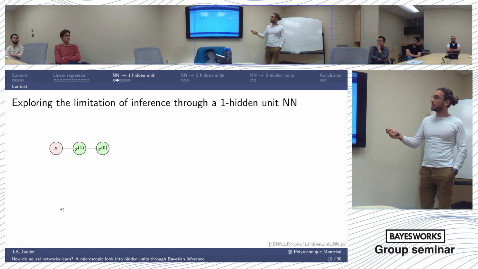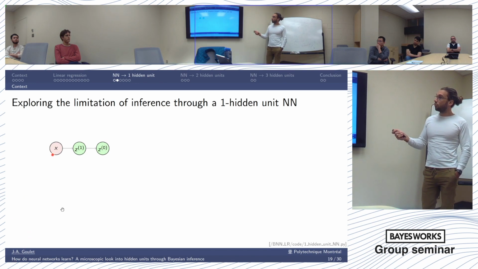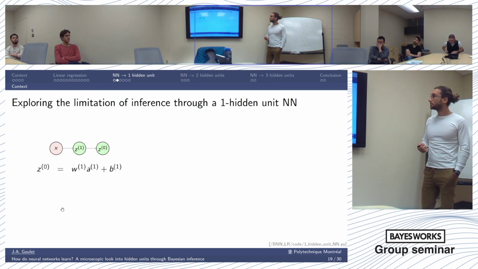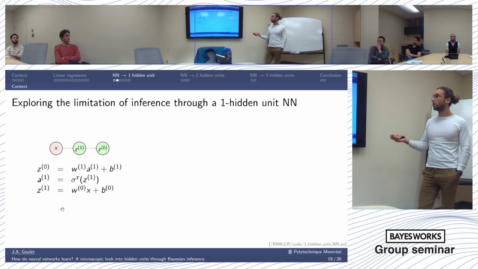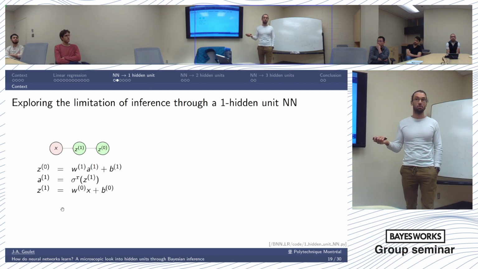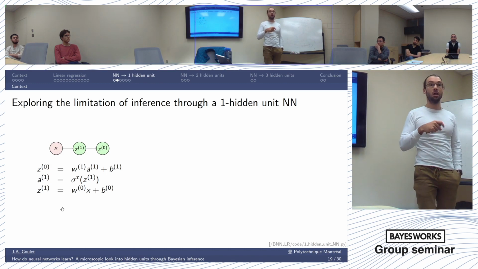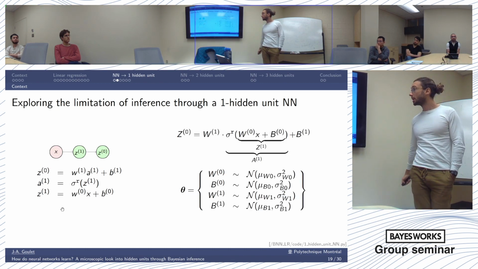So we have our single input x, we have one hidden unit that's going to be passed through a ReLU activation function, and we have one z output. Okay, so we can formulate this as: z output is w1 a1 plus b1, where a1 is ReLU of z1, and z1 is w0 x plus b0. Okay, this is a simple MLP, but with just one hidden unit.